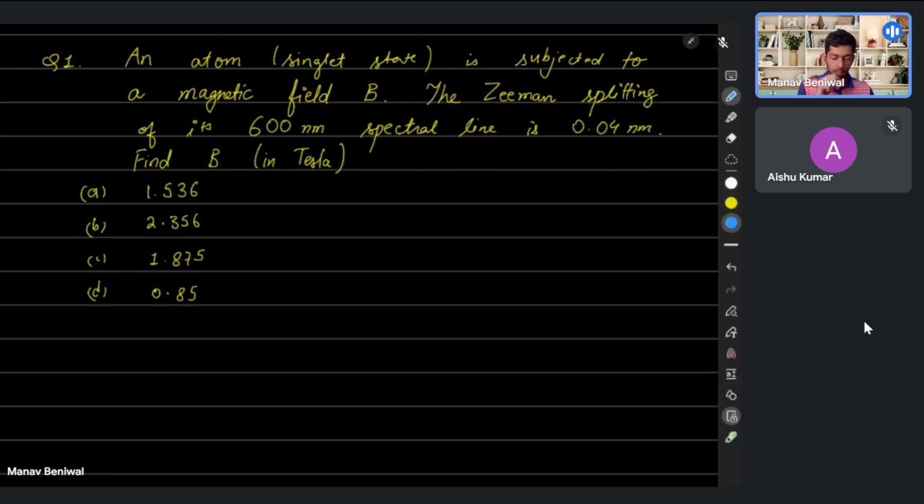So let's look at the question again. We are given an atom and it is in singlet state. Now what do we mean by singlet state? Singlet state means that it is in a state which is very similar to that of a hydrogen like atom. Basically it has a single electron in the outermost shell, just like hydrogen atom.